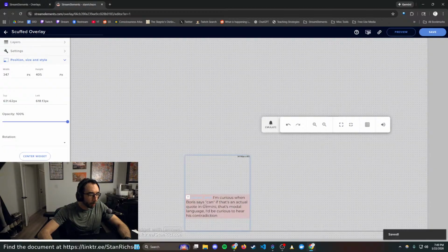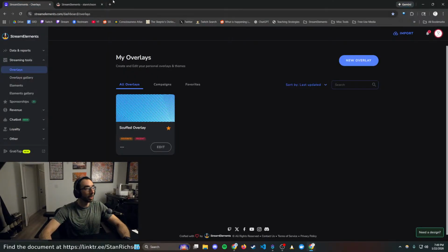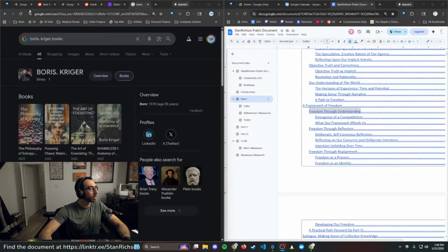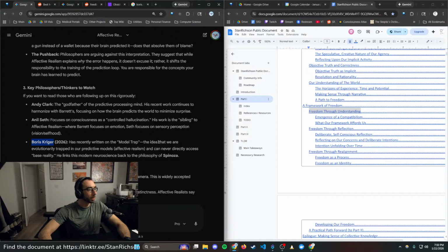I'm curious, when Boris says can, if that's an actual quote in Gemini, that's modal language. I'd be curious to hear his contradiction. Oh, can. Where's the can? The idea where we are evolutionarily trapped and can never directly access base reality.